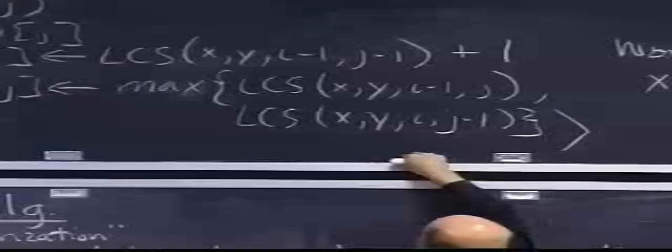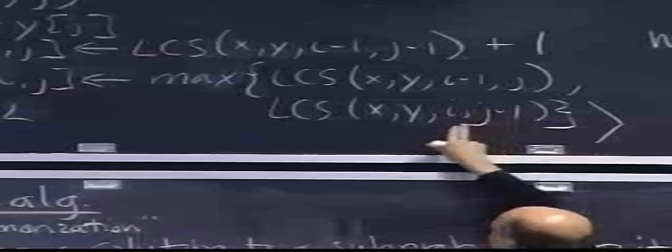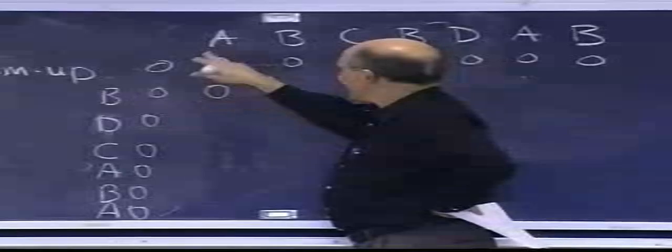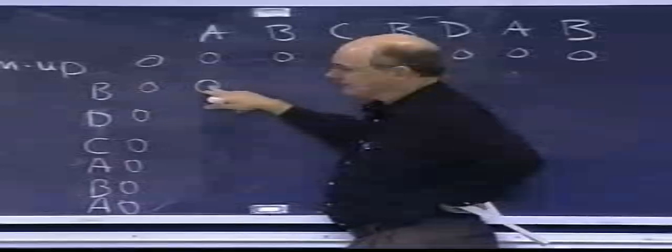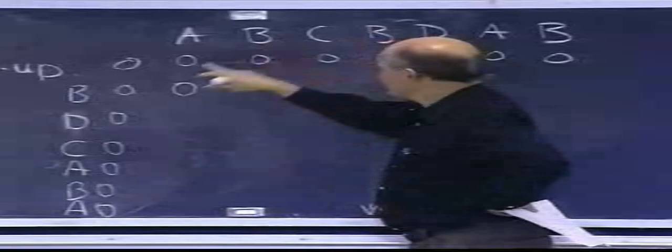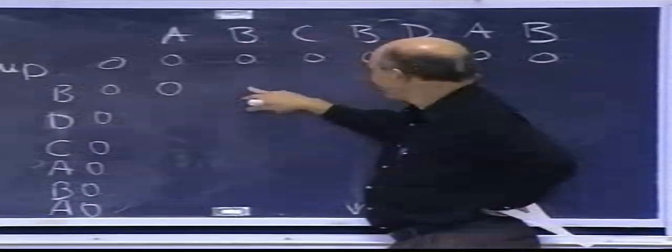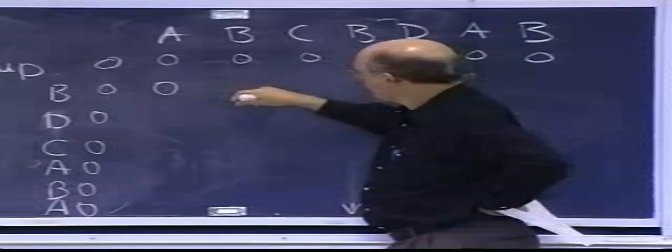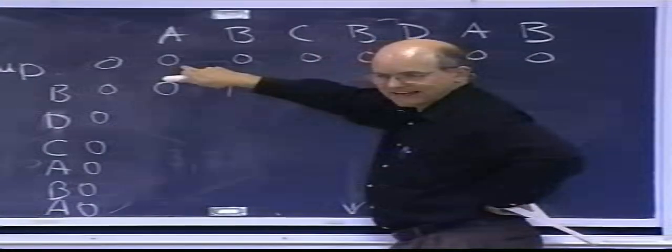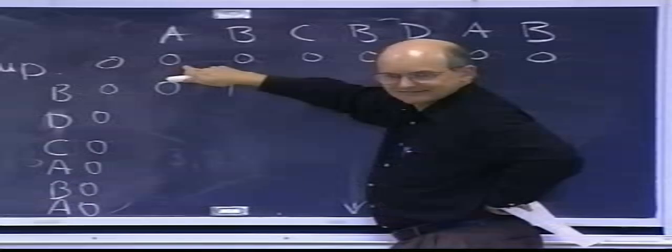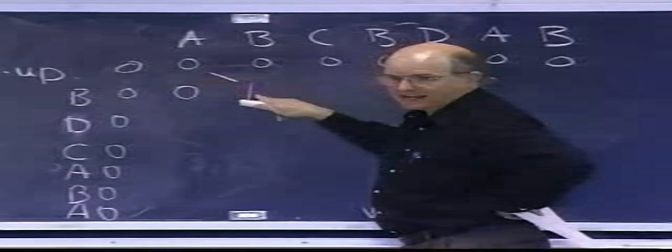It's just the maximum of the position which is above and the position which is next to it, because A is not equal to B. Here, excuse me, B is equal to B, sorry. Okay, so what's the value here? 1. And I can draw a little line here indicating that this value came from there, because these were equal, so it's 1 plus the value on the diagonal. That's what the i minus 1, j minus 1 says. That says it's the diagonal position.